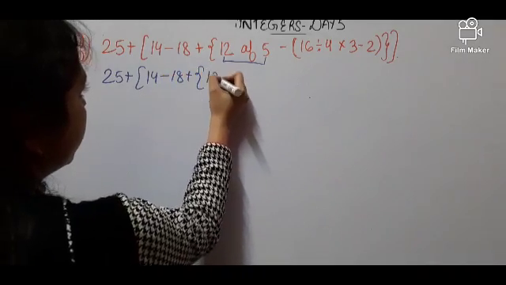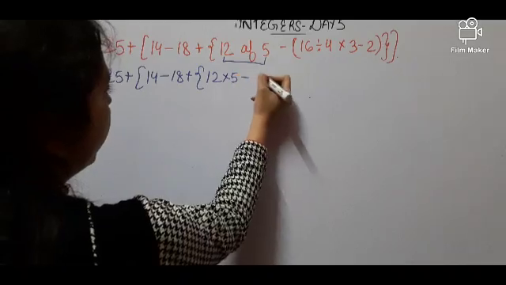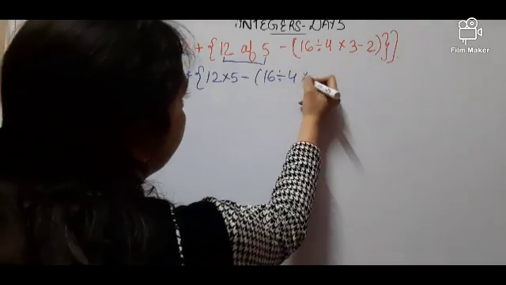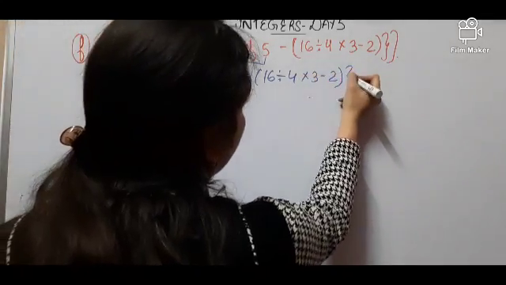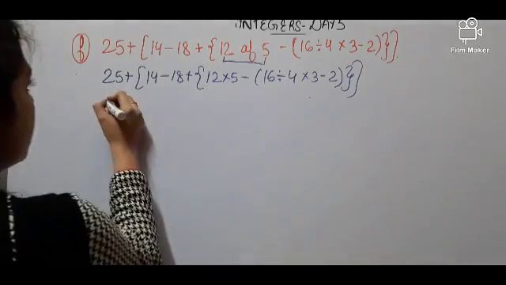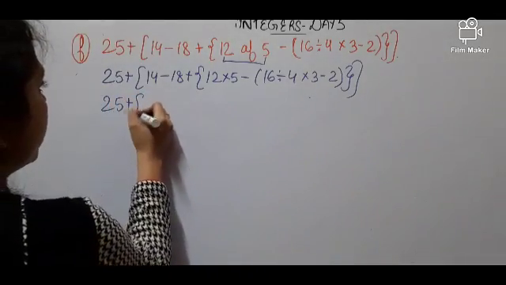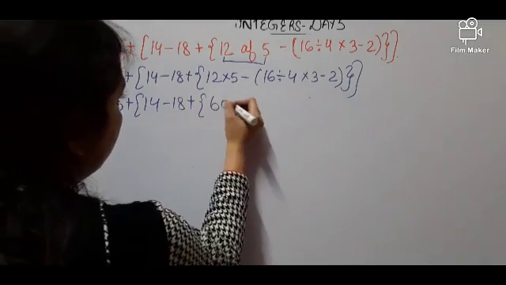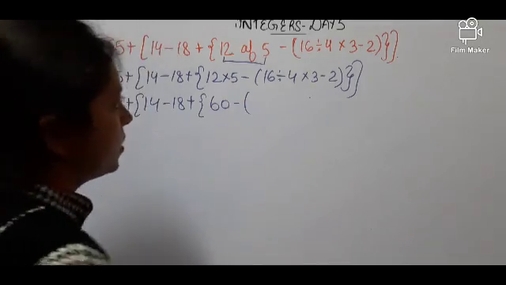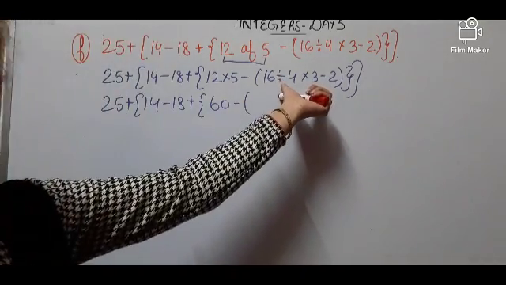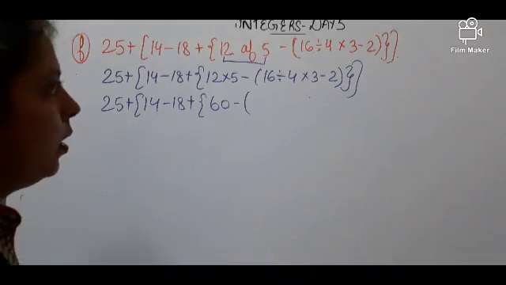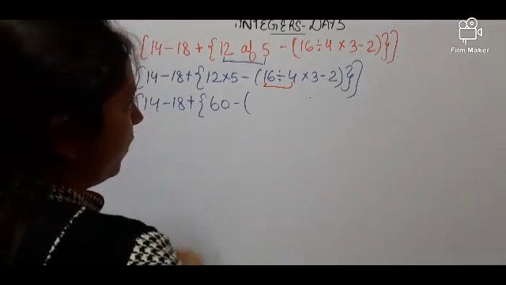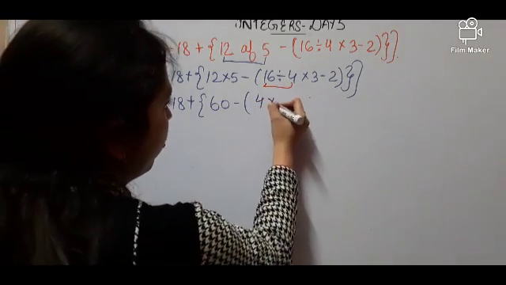Write it as 12 of 5, which gives us 60. And at the same step you can start solving this curly round bracket. In the round bracket, 16 divided by 4 gives us 4.